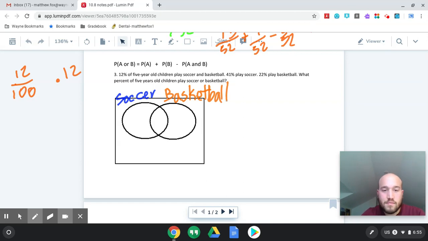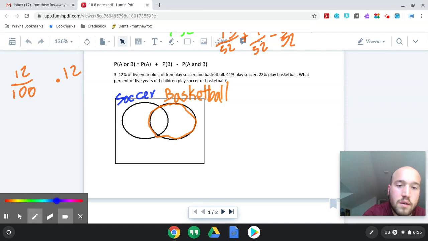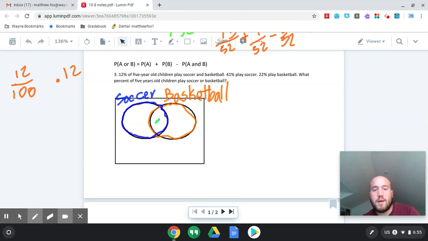Now hopefully you guys can see this. So basketball is right here. Soccer goes right there. So there's also this area right there that is overlapping. That has both basketball and soccer.